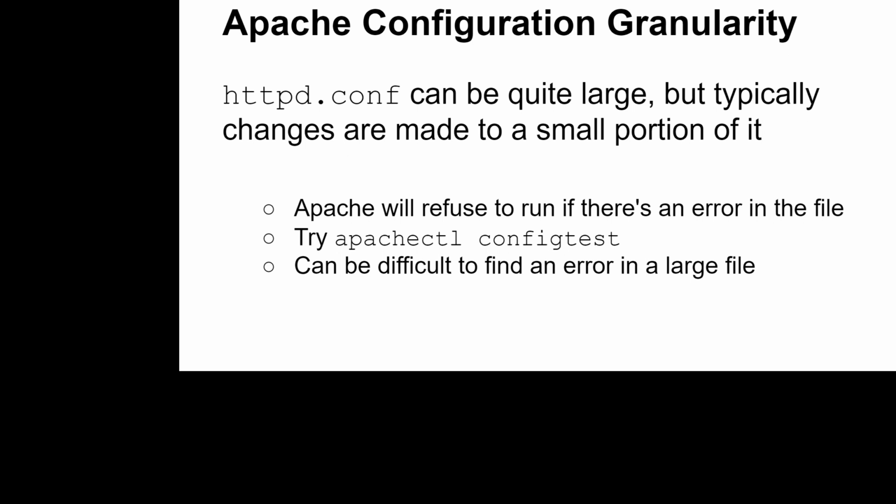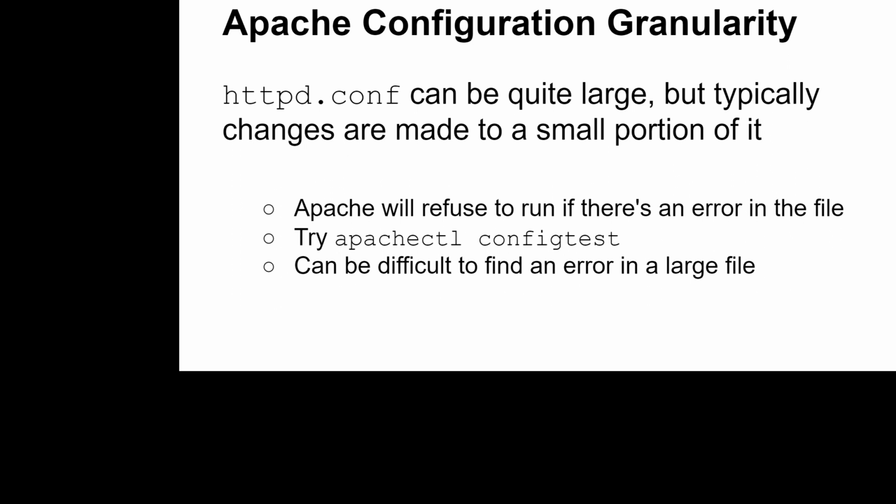If you make a change to that file and there's an error in how the directives were handled, meaning you gave perhaps too many options for a particular directive, or you didn't give enough, or you gave a directive with an option that doesn't exist, Apache may refuse to run. So you might make your change and issue your apachectl start or restart, and you'll get an error message on the screen that says Apache died. Typically, it's going to be an issue with the configuration file.